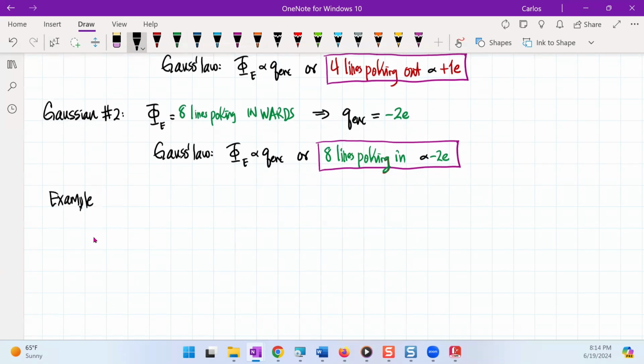field lines poking through, I want to give you an example here. As an example, I'm going to show you a cross section of a central ball and 2, let's say, metal shells.